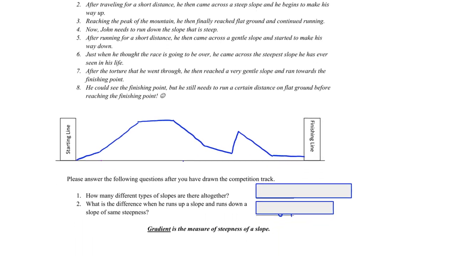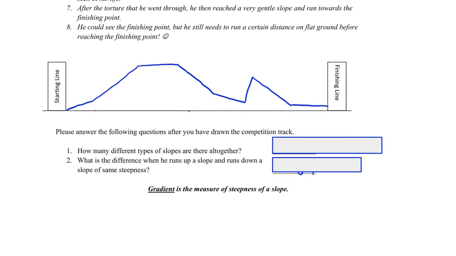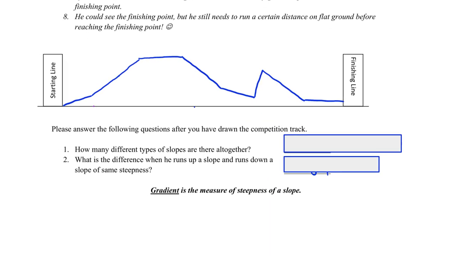And so there are two questions that we would like to answer. How many different types of slope are there? In this case, I can see a gentle slope, and I can see a steep slope. So there are two types in general.